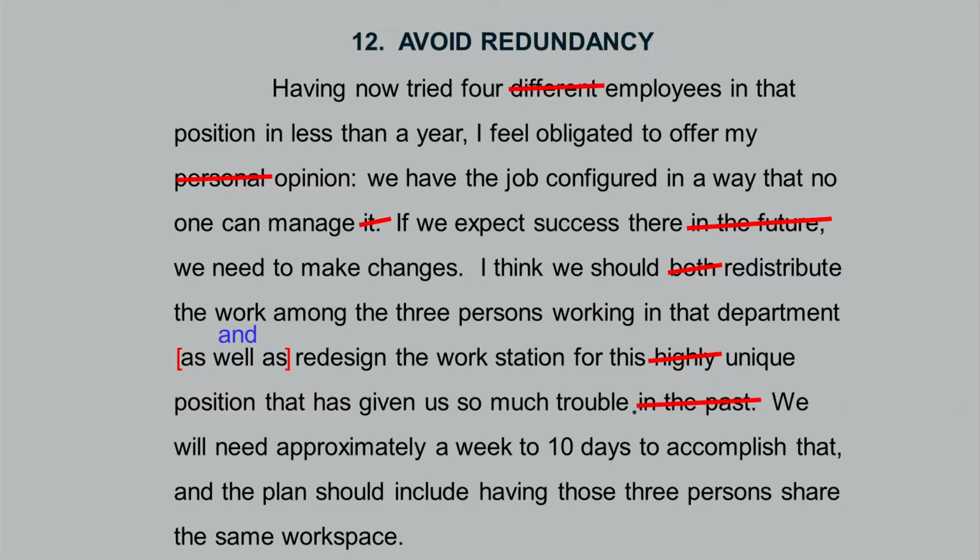The only place that the trouble could have occurred is in the past. We will need a week to 10 days to accomplish that. Why not approximately? Because a week to 10 days is already an approximation. And the plan should include having those 3 persons share the workspace. It has to be the same space if they are sharing it.